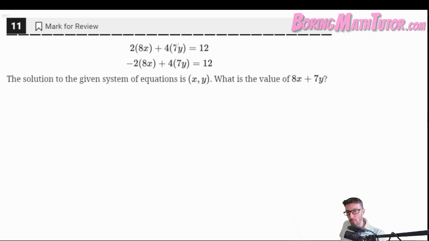Okay, this problem is asking you what's the value of 8x plus 7y.